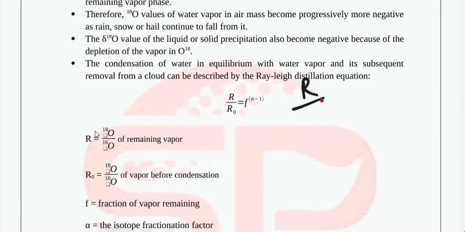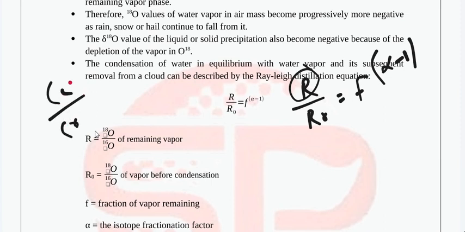So R by R0 is equal to F to the power alpha minus 1. R is the remaining vapor, like Cl by C0. We have studied Cl is the liquid and C0 is the solid. So how much fraction is melted? Then you have to calculate the bulk distribution coefficient, or the fraction of melt produced.